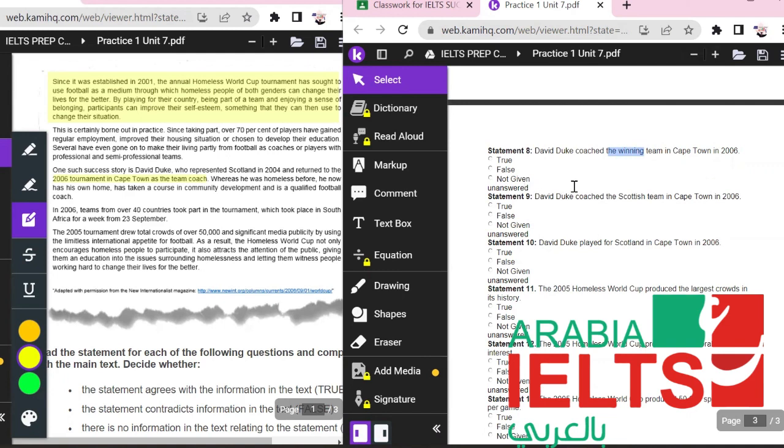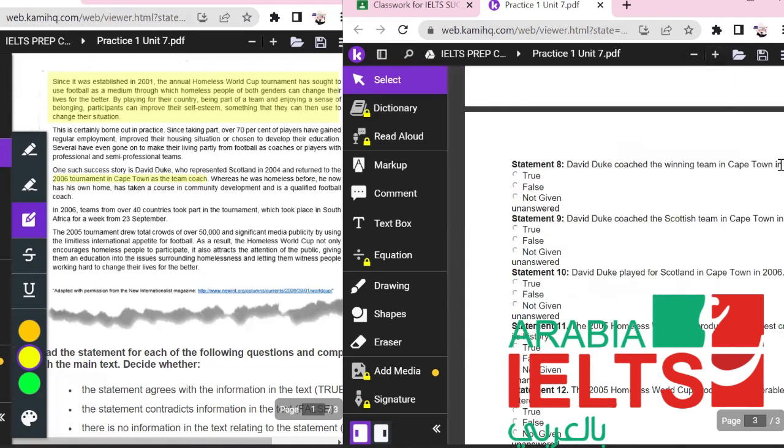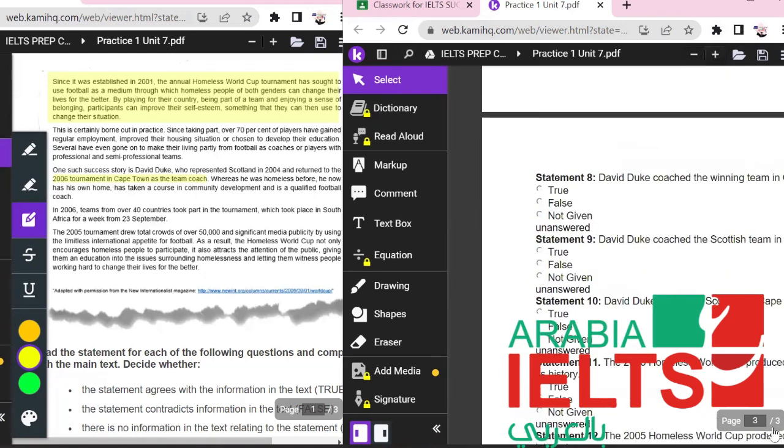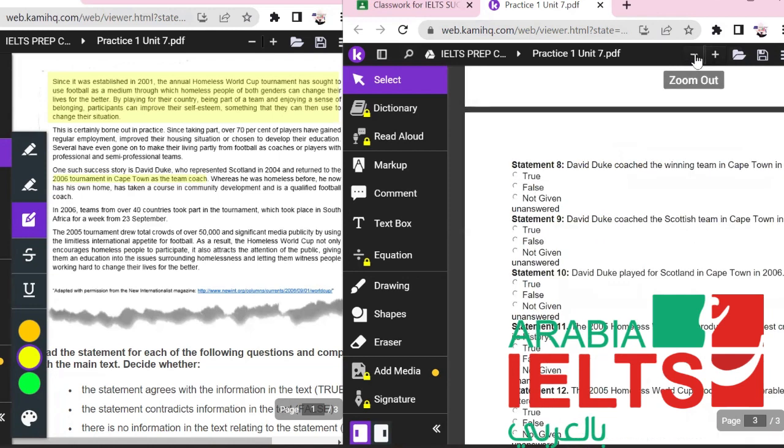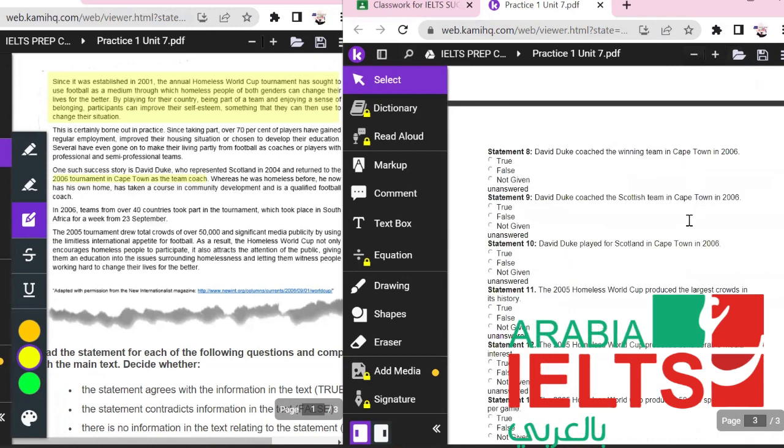And then statement 9: David Duke coached the Scottish team in Cape Town in 2006. The text says he returned as the Scottish team coach. So this one is true. I apologize, I rushed it. I didn't read it correctly because it was too small, and I thought they were the same.